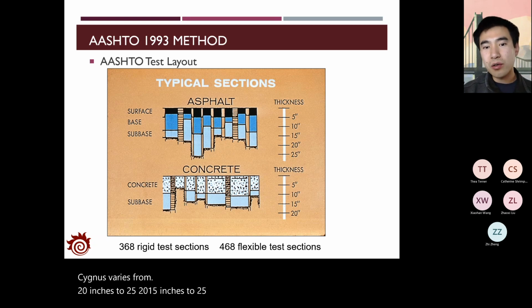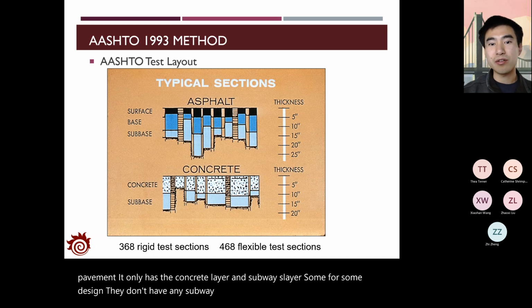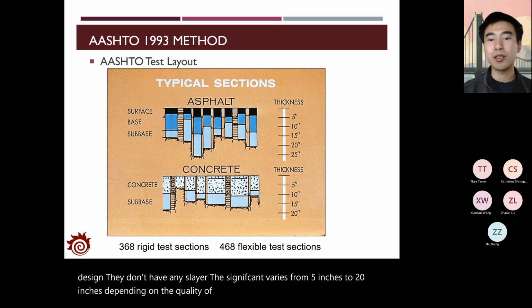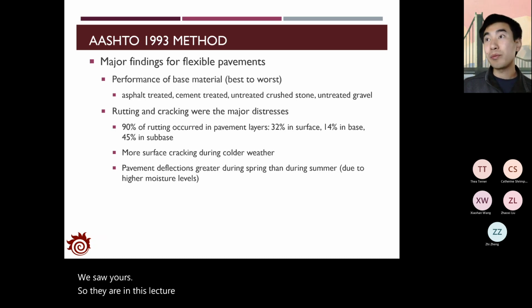For the concrete or rigid pavement, it only has the concrete layer and the subbase layer. For some designs, they don't have any subbase layer. The thickness can vary from 5 inches to 20 inches, depending on the quality of the subgrade soils. In this lecture, we will focus on the flexible pavement design.